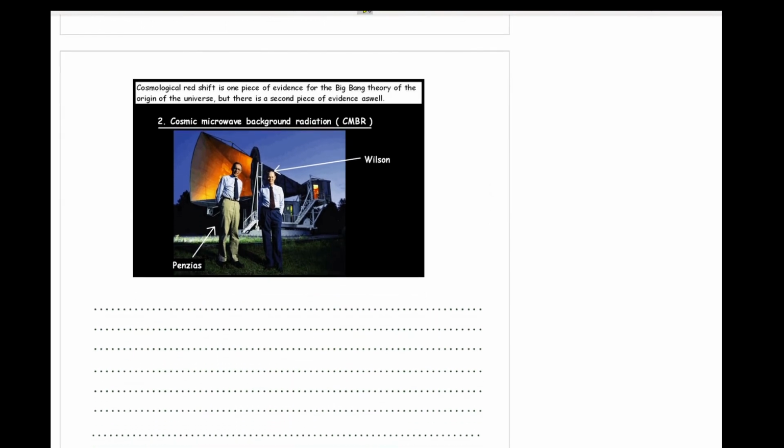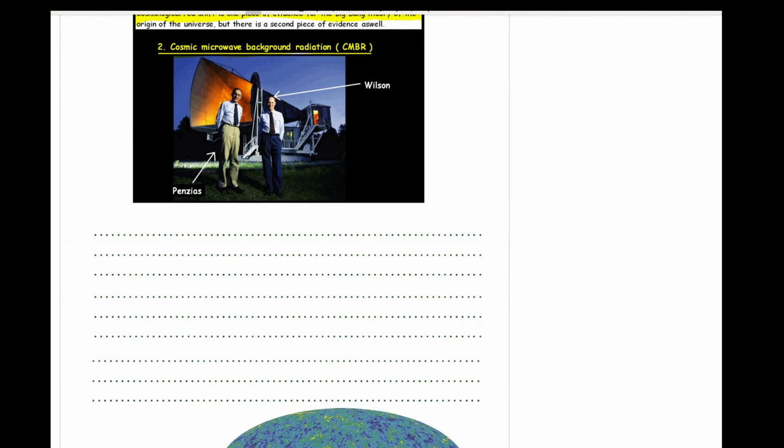Cosmological redshift is one piece of evidence for the Big Bang theory. But there's another one: cosmic microwave background radiation. What is this all about?